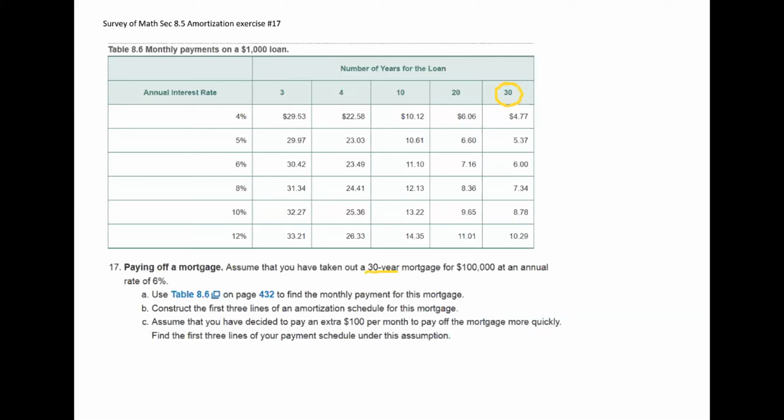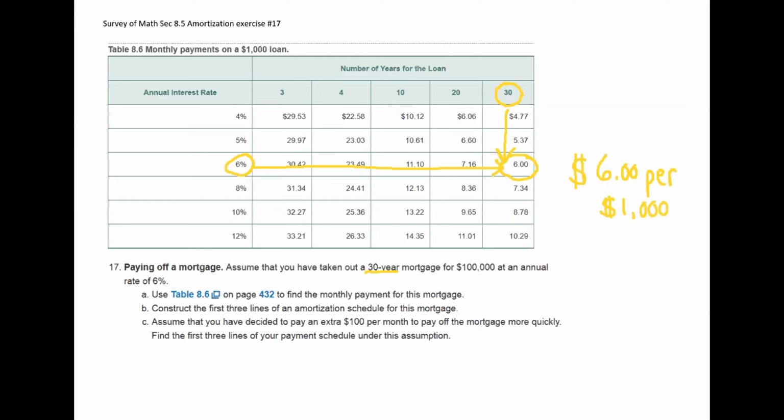So if we look at the 6% and the 30 years, then where this row and this column intersect, we get 6.00. So the payment would be $6 per $1,000. That's what this chart is telling us.